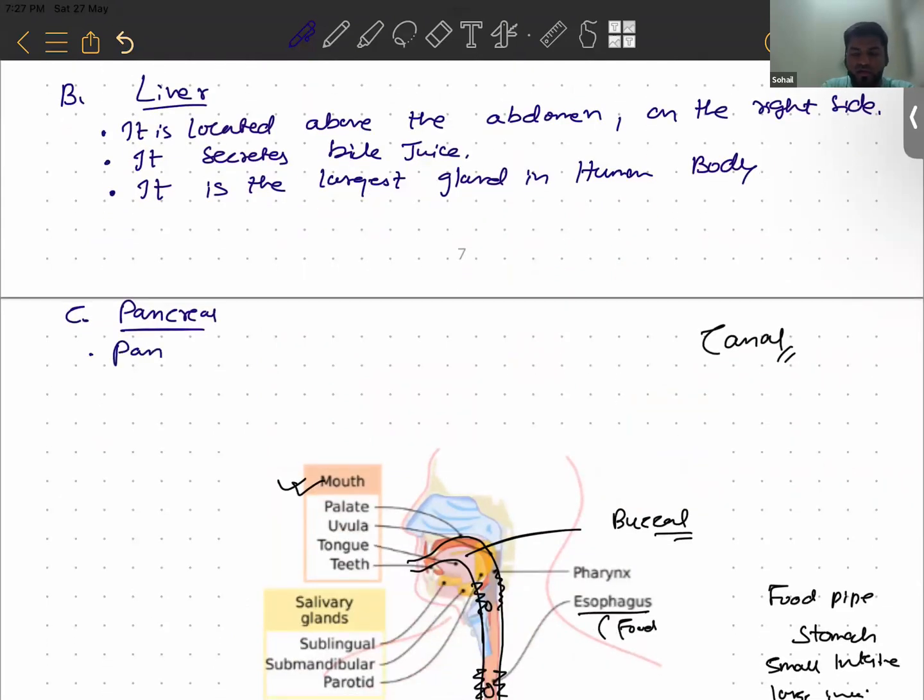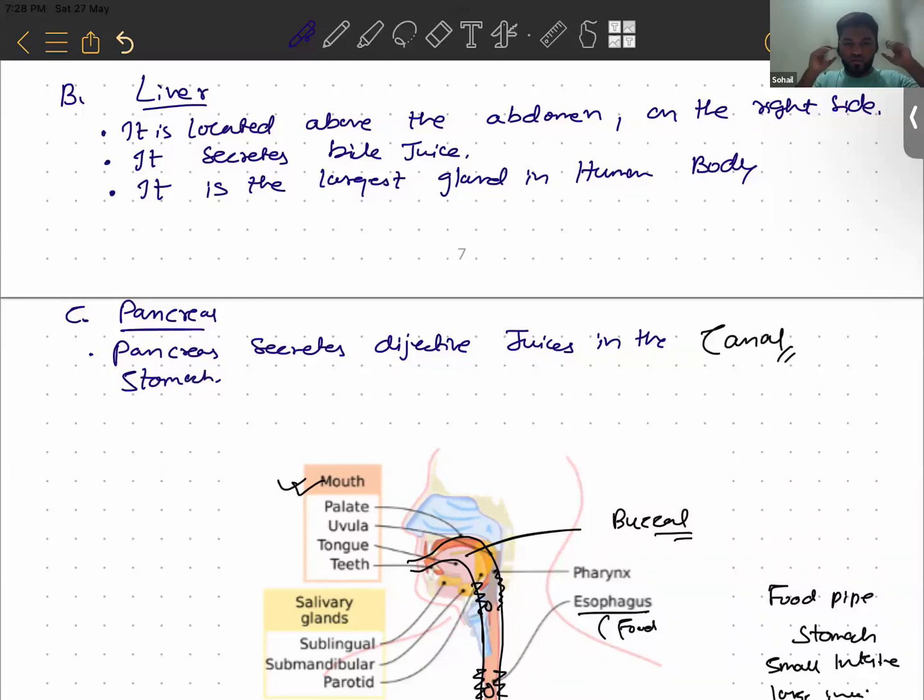Further, in senior classes, you will study that the pancreas secretes three types of different digestive juices.